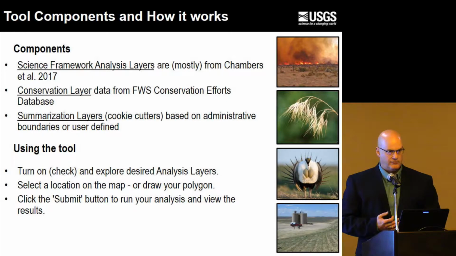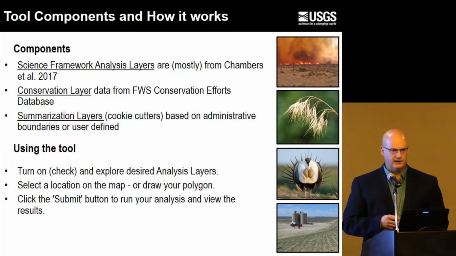We worked with LEAF and our friends with Fish and Wildlife to get Conservation Efforts Database information in here. We're still working on the details of how best to serve that, but this has a version of it in here so people can see what it looks like. So that tells us where the conservation projects are on the ground.